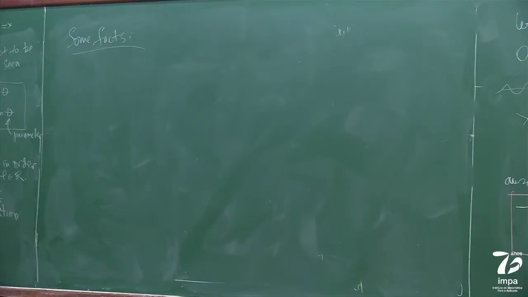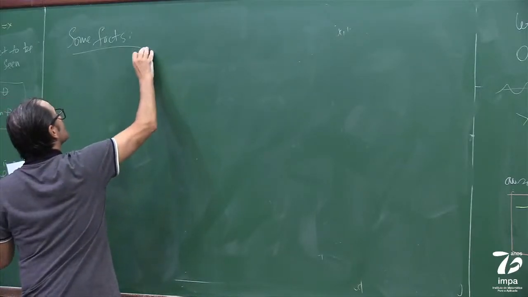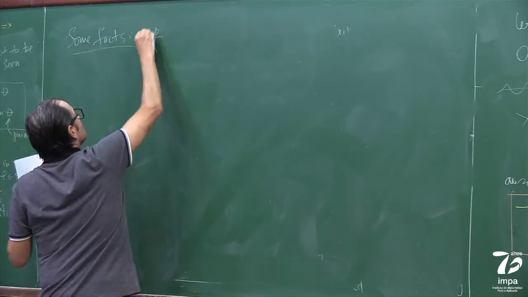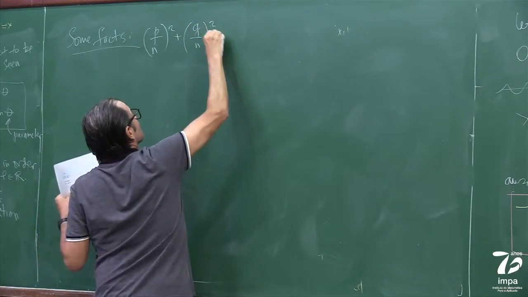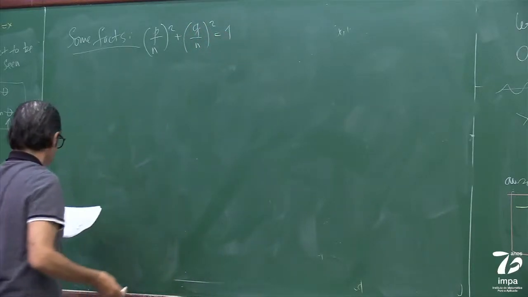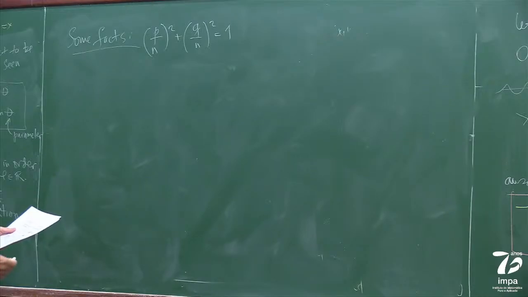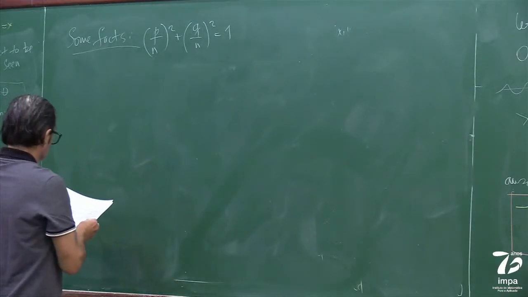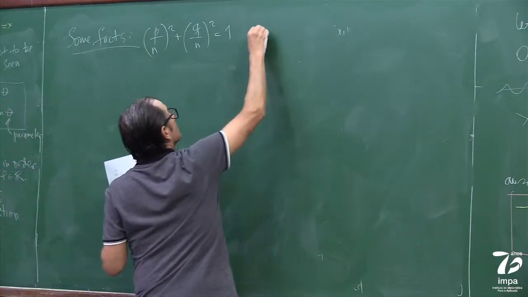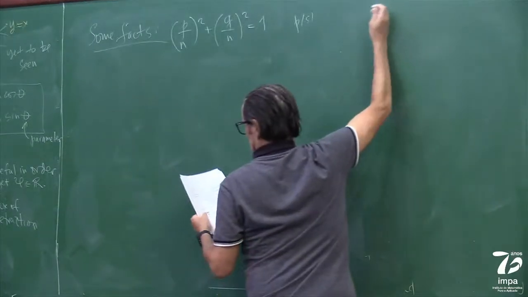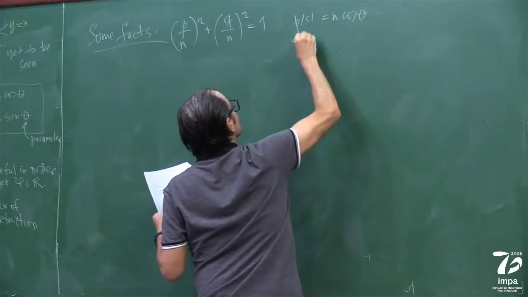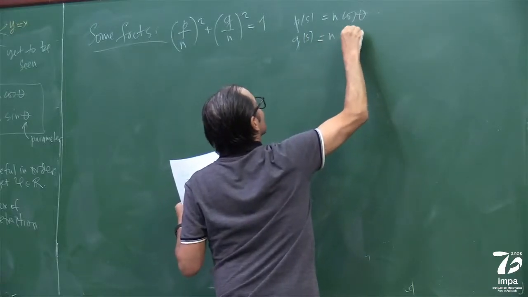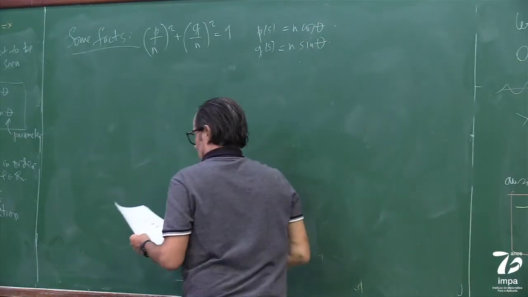Okay. So from this, look, we have that P over n squared plus Q over n squared is equal to 1. That's basically from the PE, right? We also have that P of S is n cosine theta, Q of S is n sine theta.